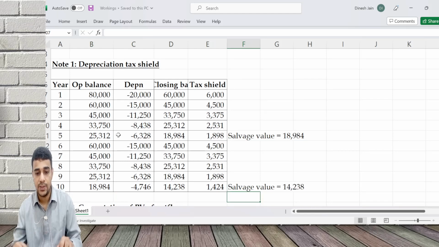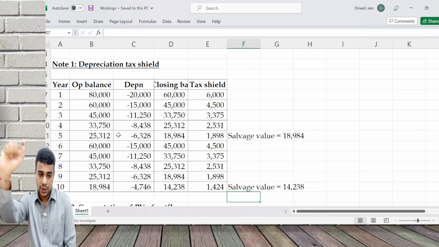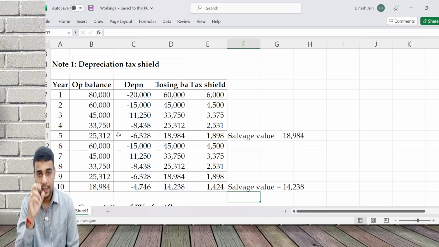I don't have anything much to explain here. You buy a machinery for 80,000, claim depreciation at the rate of 25% for 5 years, sell it for 18,984.